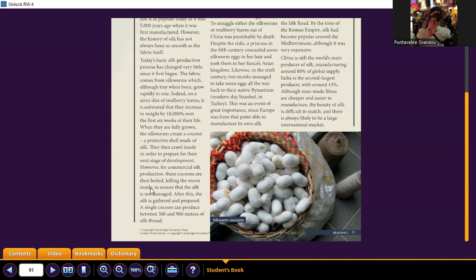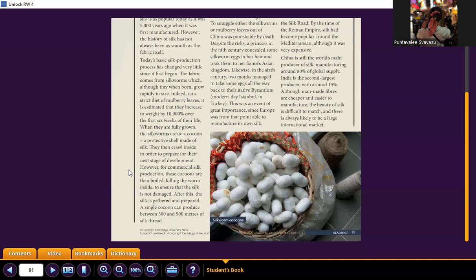Number three talks about how it can grow to 5 centimeter long, and it's about silkworm. So it's still in the second paragraph, and if you scan it, you will see there is no 5 centimeter. So obviously it's not true, but is it false or does not say?